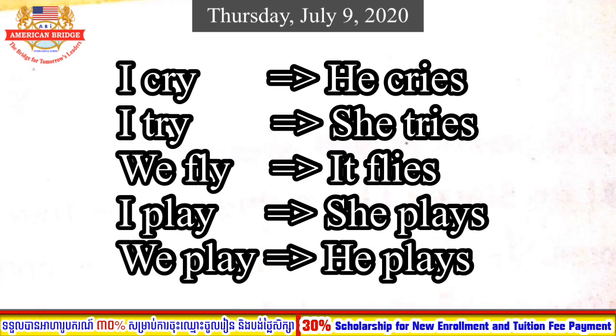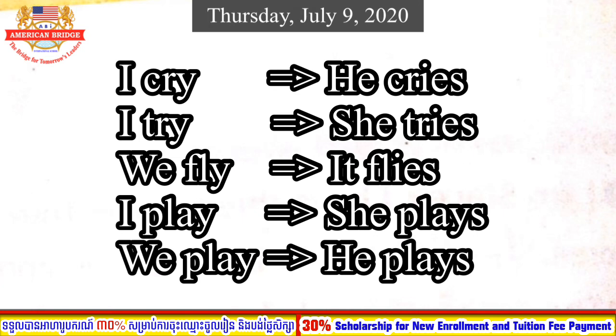So we don't need to change anything. But when our subject is third person singular, he, she, it, we have to change Y to IES. Example, he tries, she tries, it tries. Okay, so like the word fly, the same, we have to change Y to IES, right? He flies to London, she flies to Singapore.